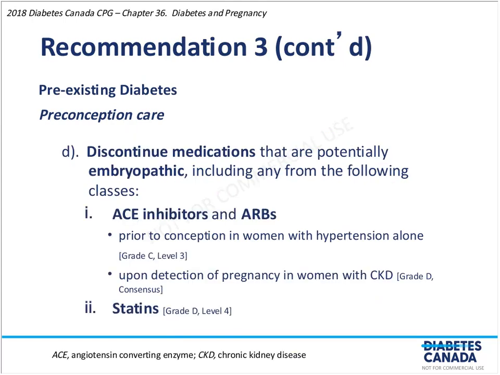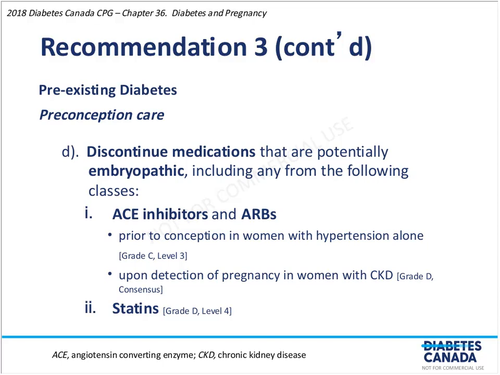And of course, we should be getting rid of teratogenic medications preconception, including statins, ACE inhibitors, and ARBs. The literature on ACE inhibitors and ARBs with regards to pregnancy is a little bit mixed. They're suggesting that certainly by the 2nd and 3rd trimester, the ACE inhibitors and the ARBs are absolutely contraindicated.